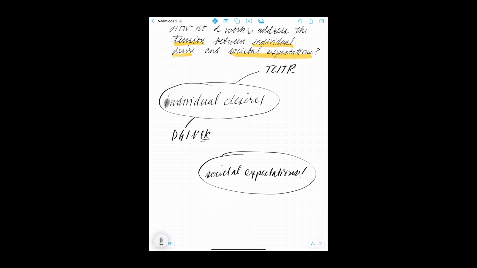So in The Catcher in the Rye, what are the individual desires that we have? Well, here we have Holden. And Holden is essentially a rich kid. He's a rich kid. And he kind of wants to be left alone. He's going through this really like kind of rebellious phase. He's at a boarding school.